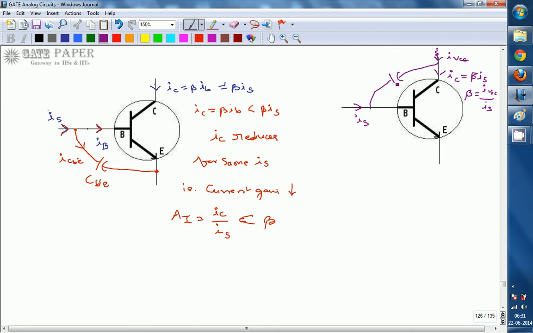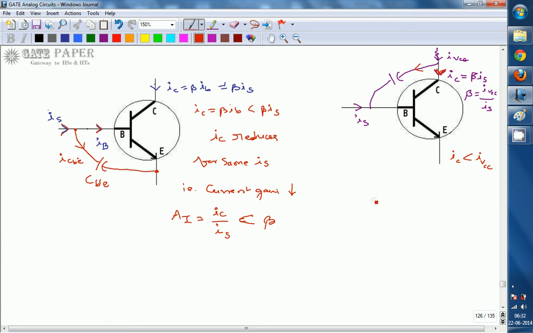But now if you observe, the capacitor is present. Whenever a capacitor is present, this I VCC is divided like this. By that time IC is lesser than I VCC. Whatever current is drawn from the power supply does not all go into the collector, it is dividing.